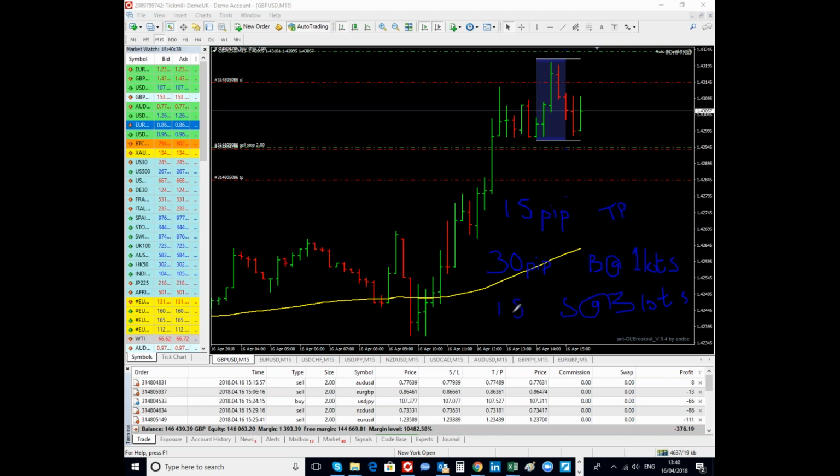So if I just do that 15 times 1, that'd be 45. So if we did it all at 1, to the downside you'd win 45, but to the upside, because you've got a 30 pip stop loss, your 30 pip trade would be a loser. So you'd be net 15 pips in profit, a 15 pip win.